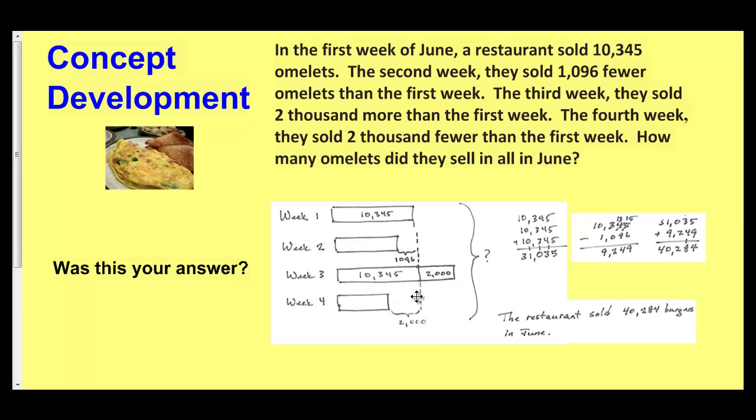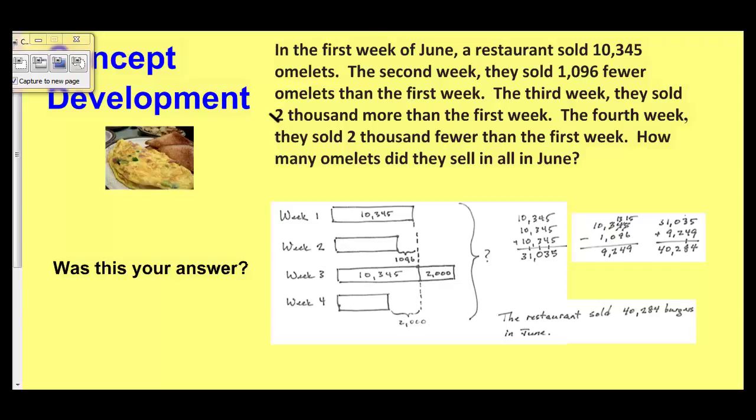So the first thing I did was I took the 10,345 and I subtracted the 1,096. So that told me that in week 2, they sold 9,249 omelets. And then once I figured out how much they sold in week 2, I want you to take a look at what I did here because I solved this a little bit differently. You may not have solved it this way, but if you got the same answer, that's perfectly okay.